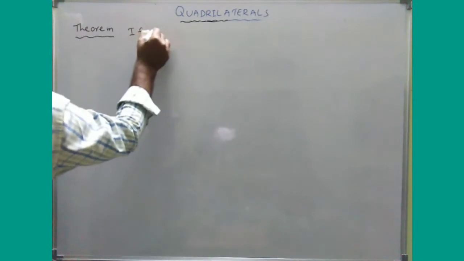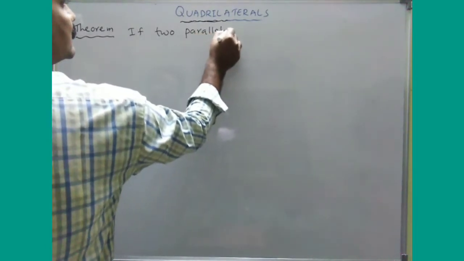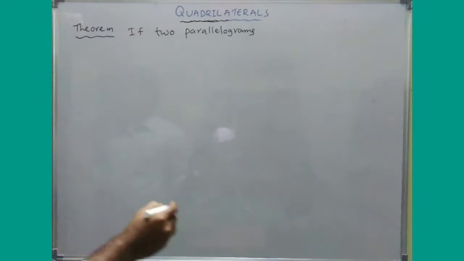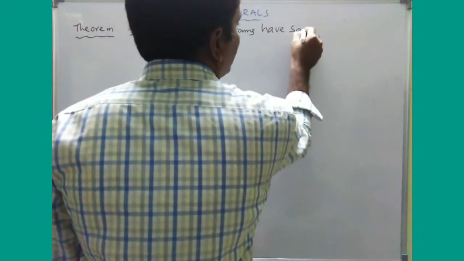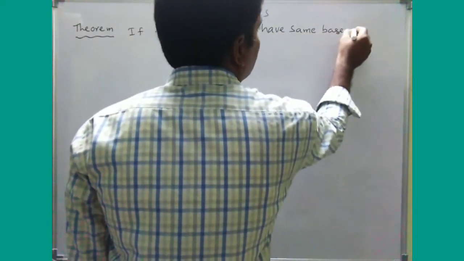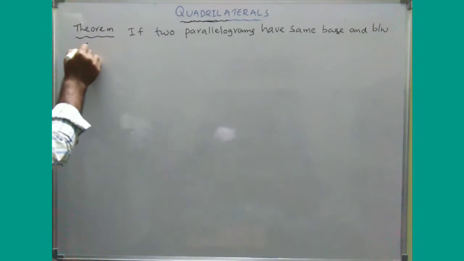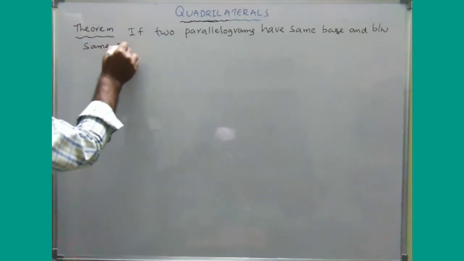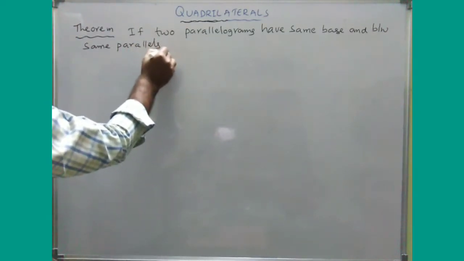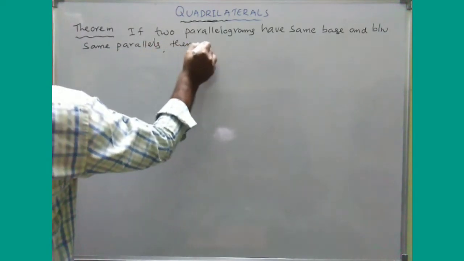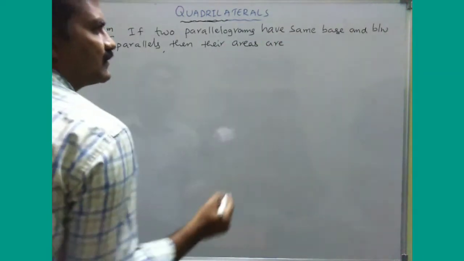See, if two parallelograms have the same base and between the same parallels, then their areas are equal.